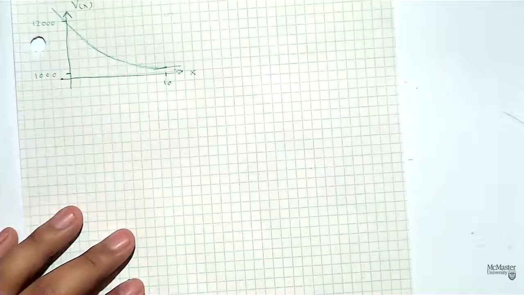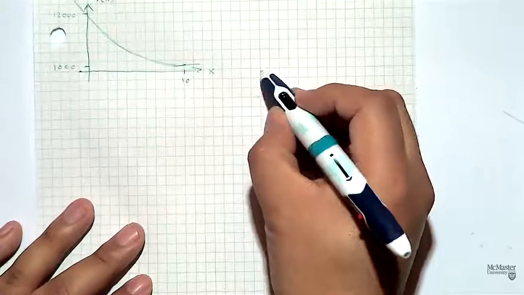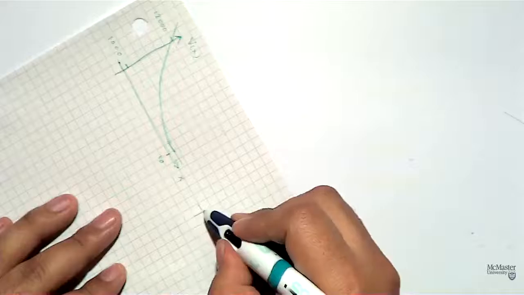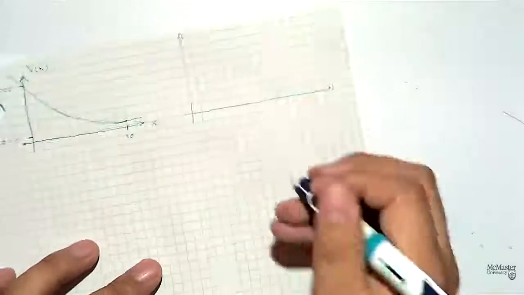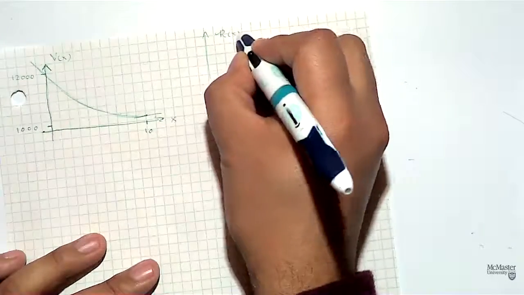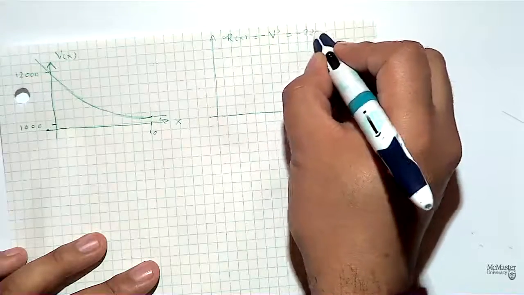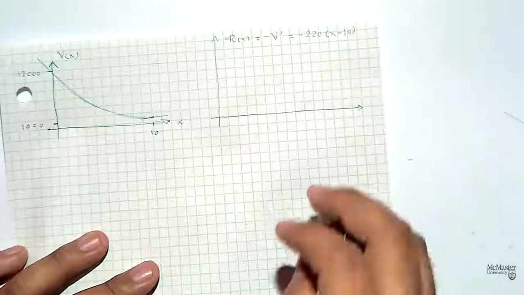Moreover, actually you don't need to do any computation for r, because you know from the beginning that it is minus b prime. And that would be equal to minus 220 x minus 10.